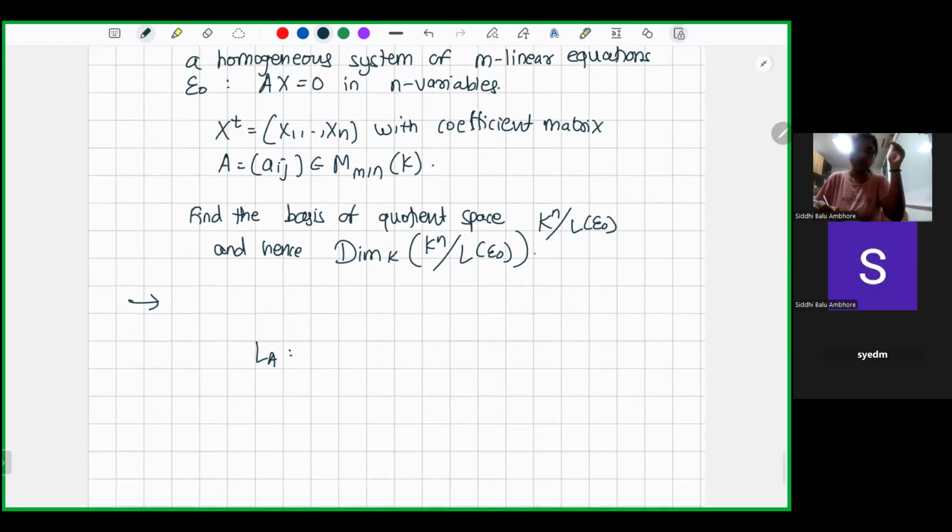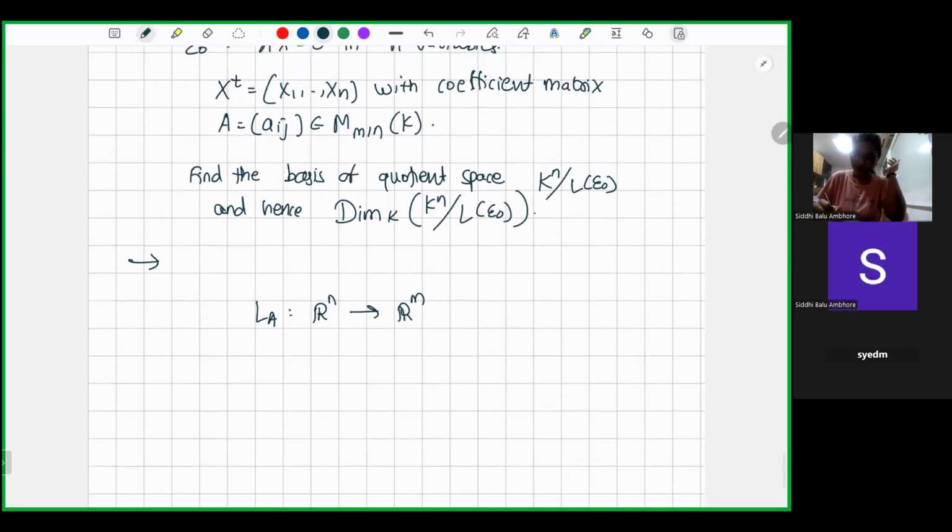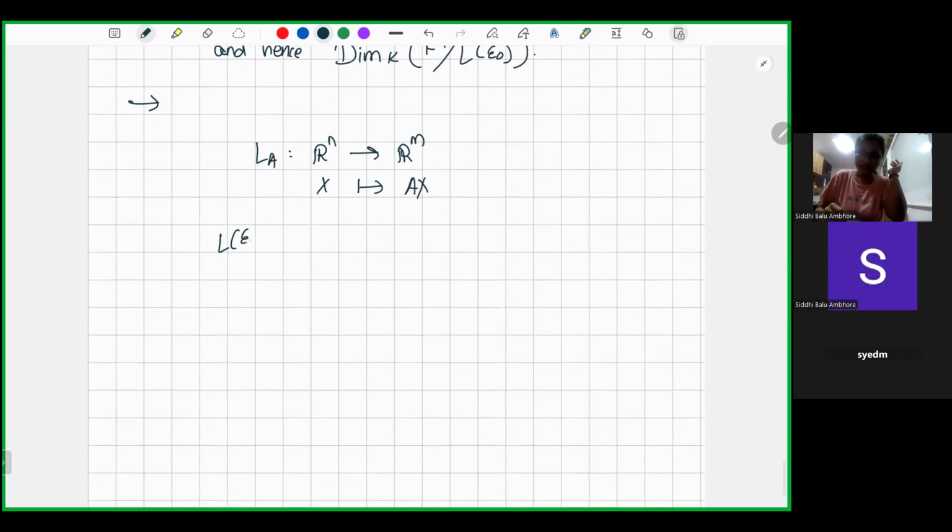So LA is a map from Rn to Rm, such that any x goes to Ax, and L0 is in fact the kernel of this LA. That is, all those x in Rn such that Ax is 0, right? LA of x is 0, but that is Ax equals 0.